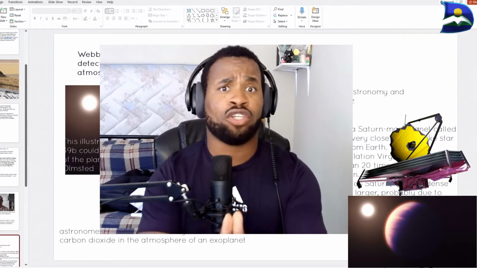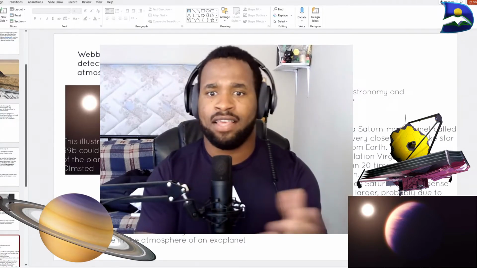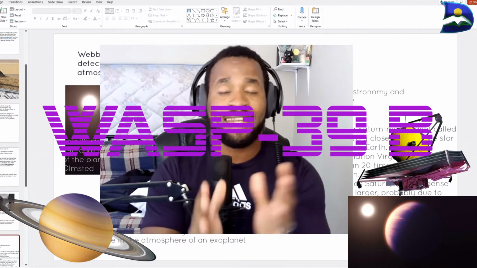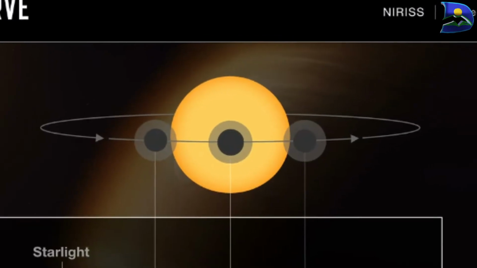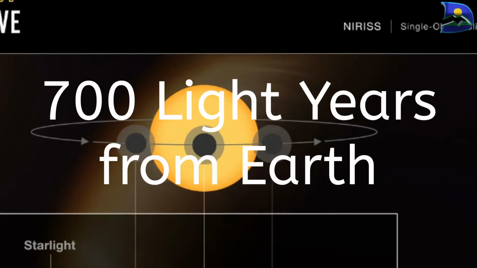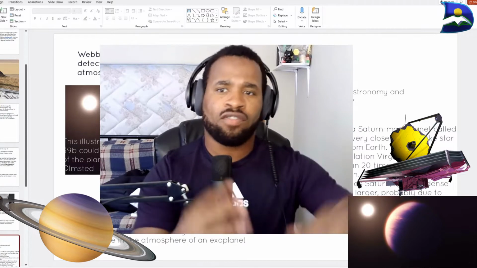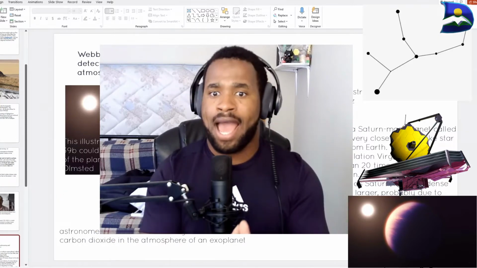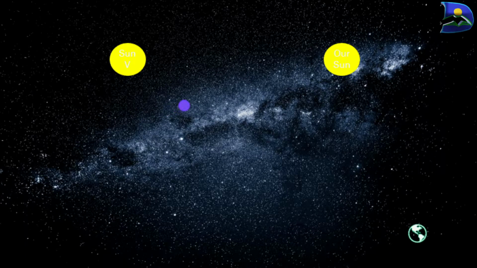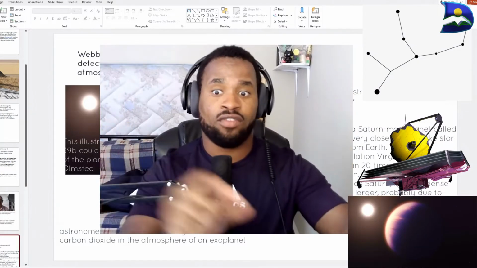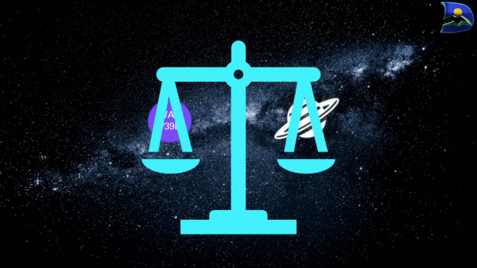In terms of the location of this exoplanet, it is a Saturn-like mass planet called WASP-39b, and it actually orbits really close to a sun-like star that is around 700 light years away from Earth. Now, this is located in the constellation Virgo, and it's also more than 20 times closer to its star than Earth is to the sun, and about the same mass as Saturn.